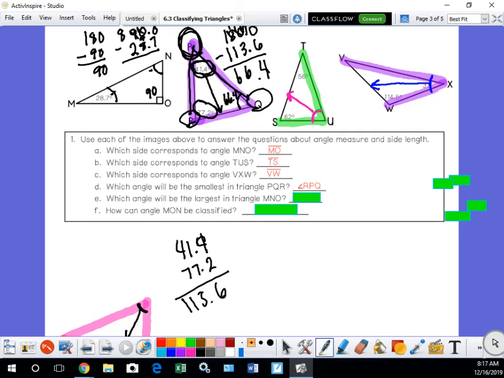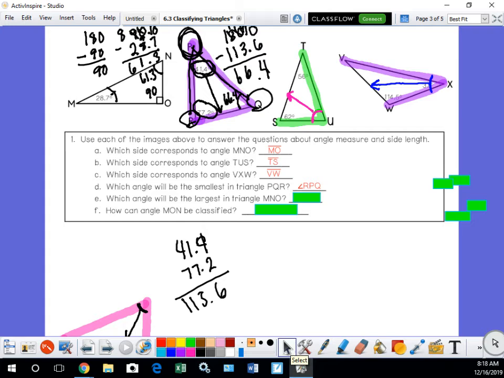Oh, I'm running out of room. Okay, so we've got 0.3, then we've got 9 minus 8 is 1, and 8 minus 2 is 6. So this angle here is going to be 61.3. So the 28.7 is obviously smaller than 61.3. So your smallest, oh wait, we're looking for the largest one.